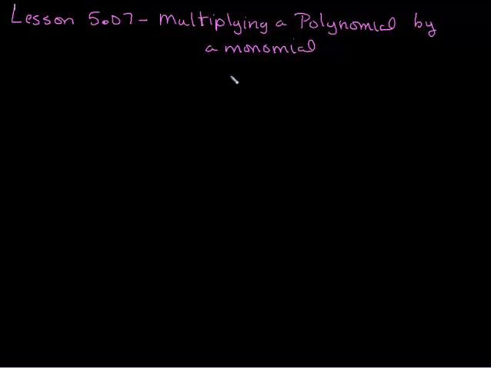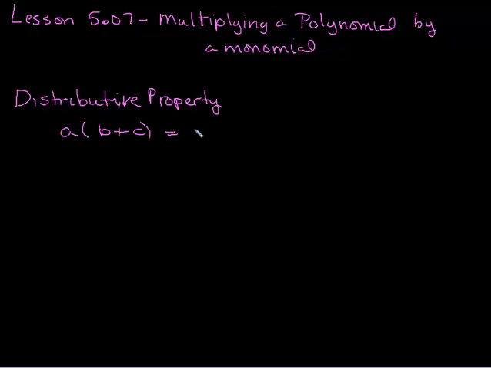Now, when we multiply a monomial and a polynomial, we're using the property of distribution, otherwise known as the distributive property. The distributive property tells me that if I have a term on the outside and I multiply it inside, it is equivalent.